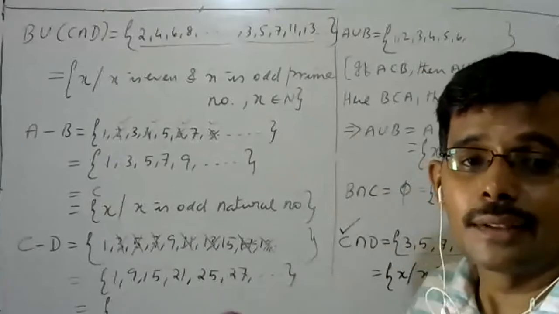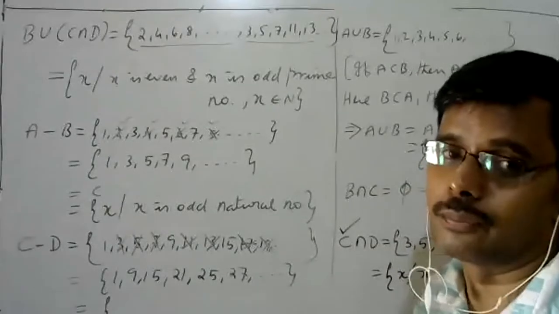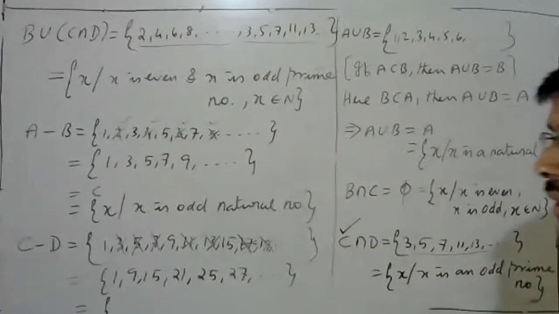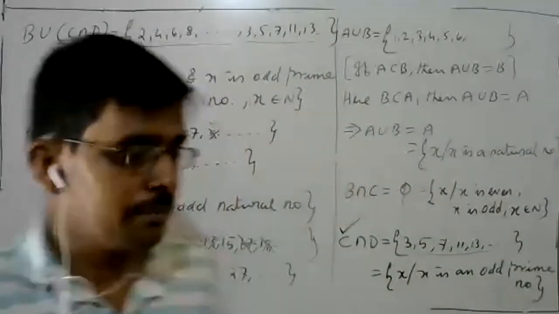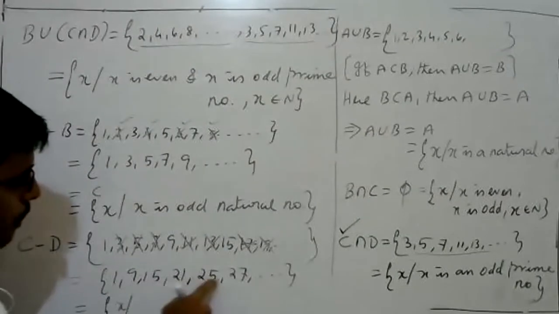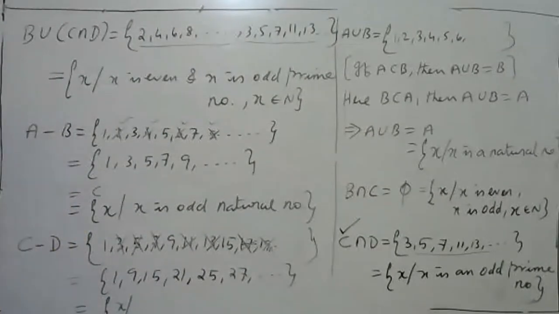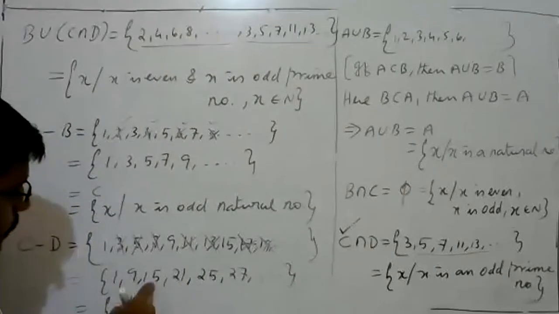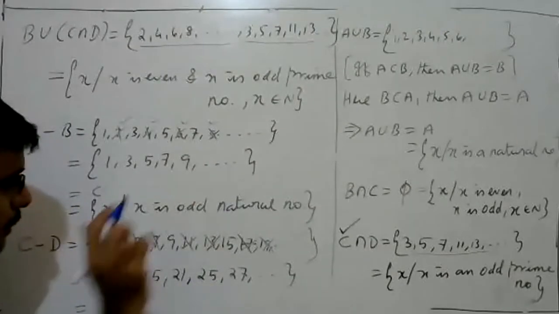How to write this set in set builder form? That is the question. Any idea? So set of all x. Look at that: here there is no prime number, but everything is an odd number. 1 is odd, 9 odd, 15, 21, 25, 27, everything is an odd number.